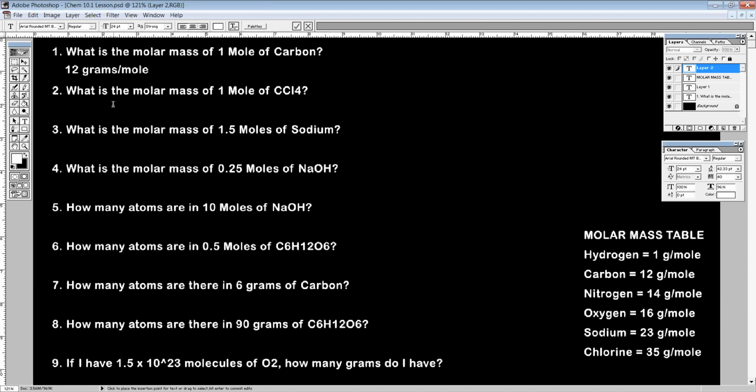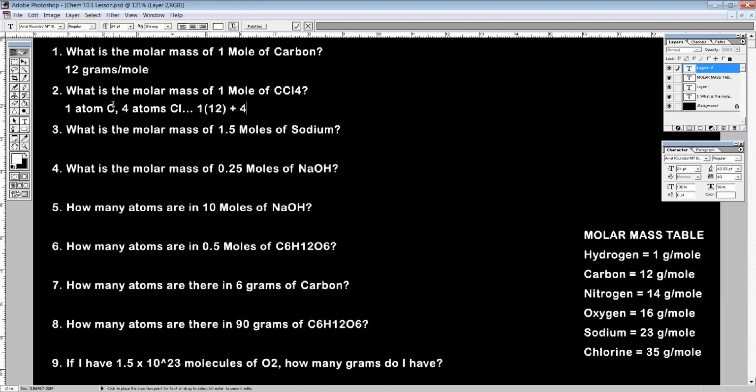What's the molar mass of 1 mole of carbon tetrachloride? So we've got 1 atom of carbon, and then we have 4 atoms of chlorine. So that's going to give us 1 times 12 plus 4.